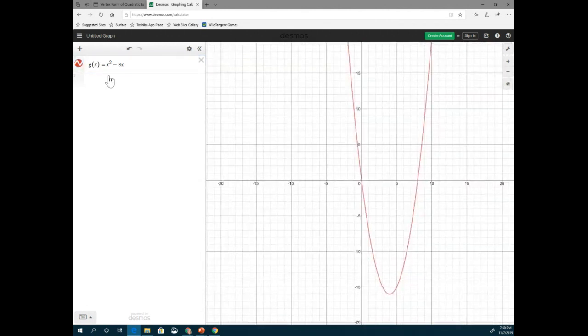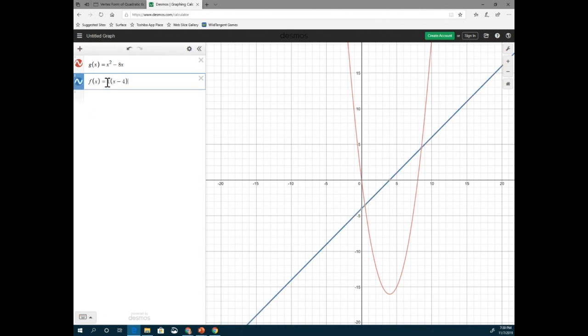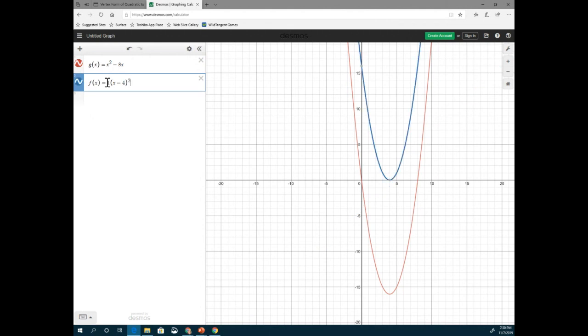Now, just to verify that we put this in vertex form correctly, I'll use a different letter here so I don't get confused. f of x, we had 1 times x minus 4 squared minus 16. So you can verify that you did it correctly because now the graphs are on top of each other. That means those are the same equation, we just rewrote it.